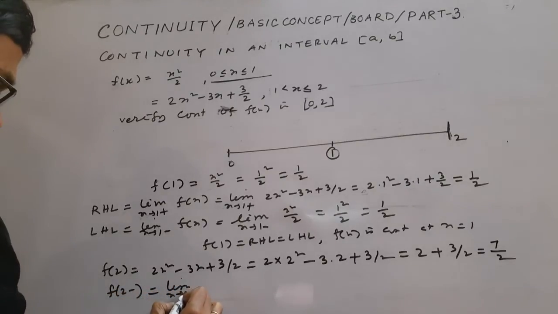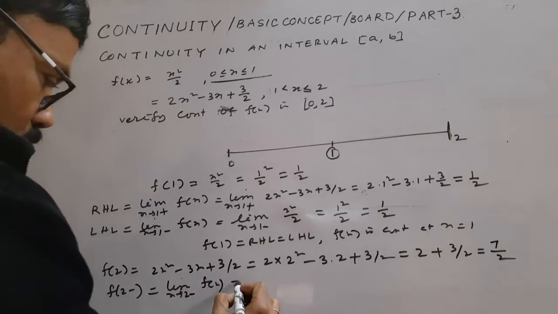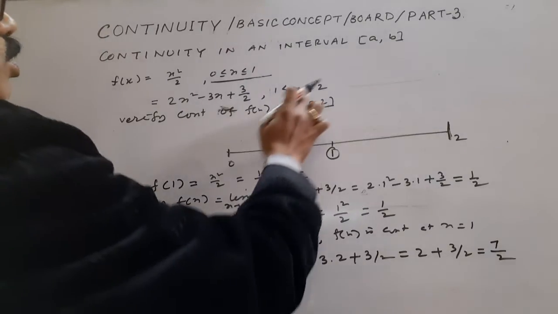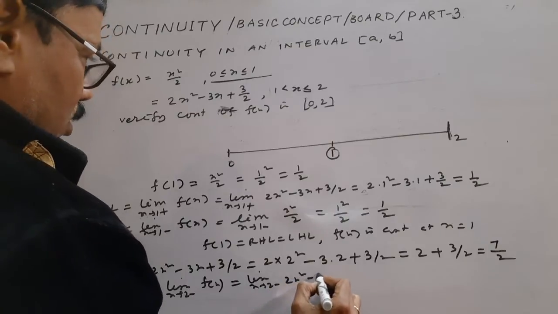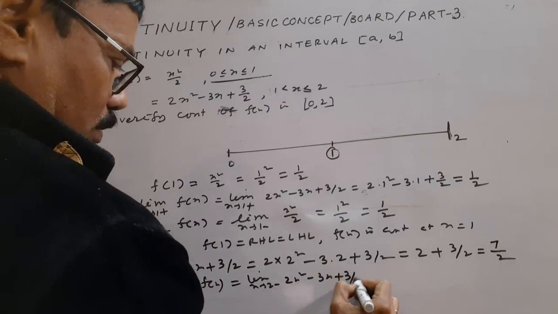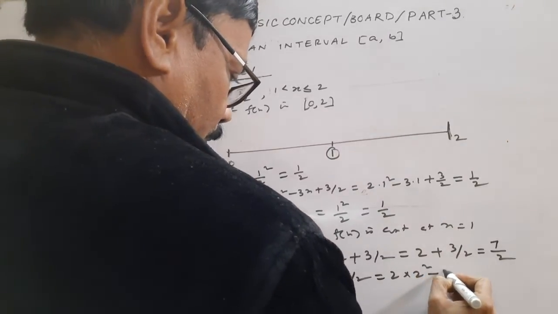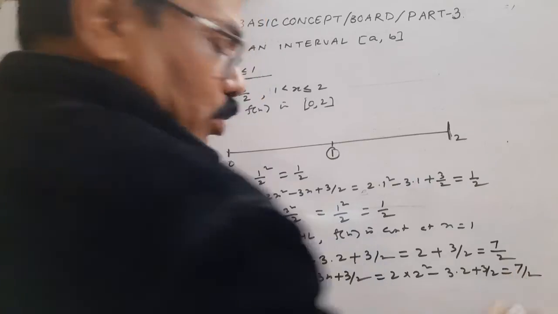So limit x tends to 2 minus f(x). What is 2 minus? 2 minus again is this one. 2x square minus 3x plus 3 by 2. Now put x equals to 2. 3 into 2 plus 3 by 2. So 7 by 2.